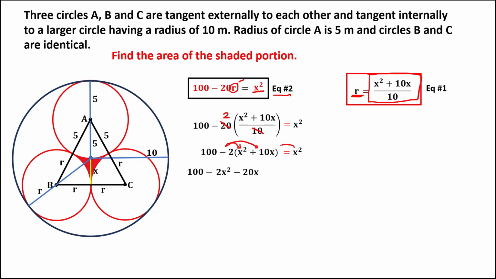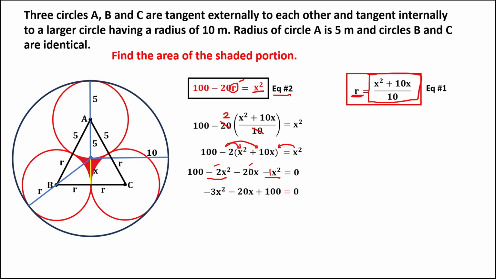Then transpose this positive x squared. So this becomes negative x squared, then equals 0. Then we can combine these two terms. So we have negative 2 minus 1, that's negative 3x squared. Then arrange.